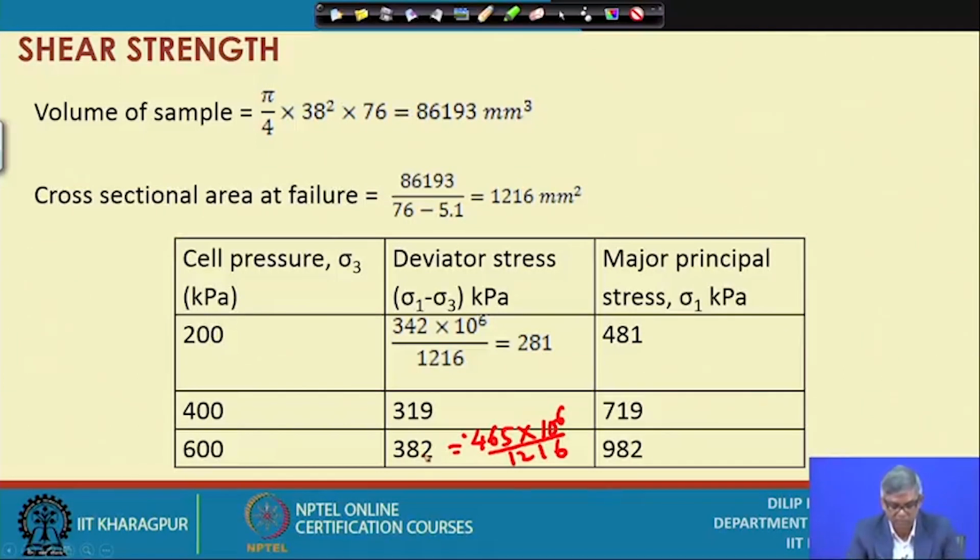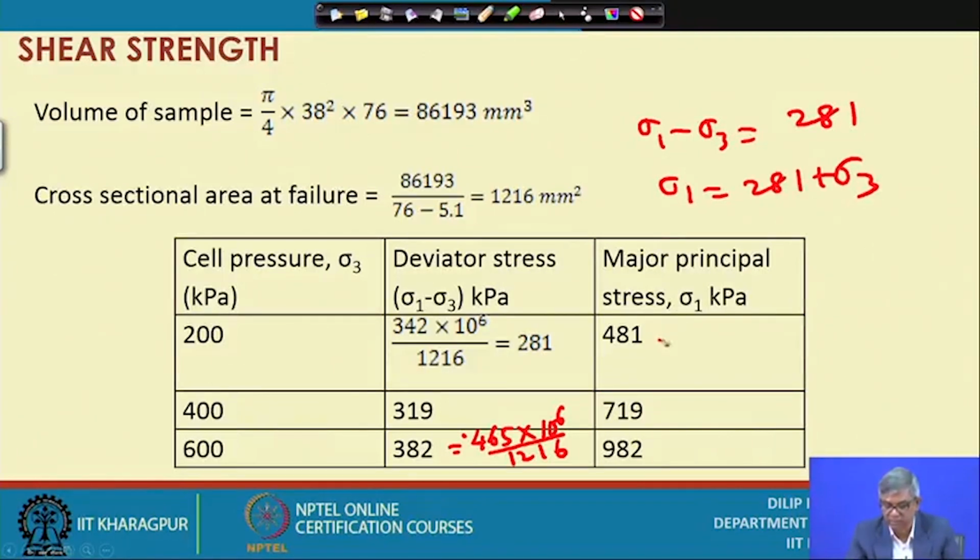So, now we have got cell pressure and we have got deviator stress. Once you know sigma 1 minus sigma 3 equal to 281, then sigma 1 will be 281 plus sigma 3, and that gives you 481. Similarly for 400 it is 719, and for 600 it is 982.